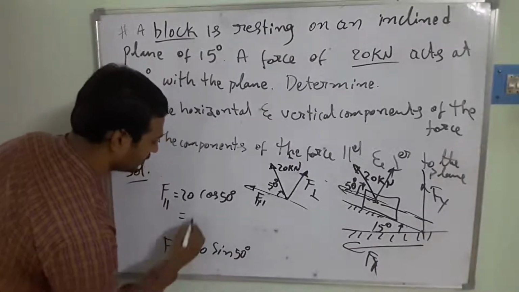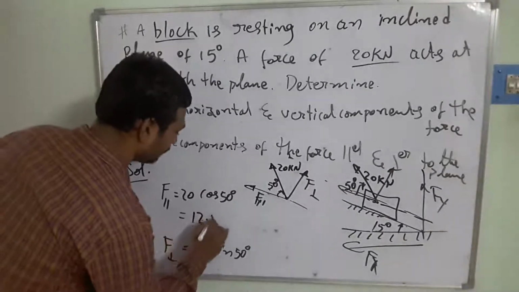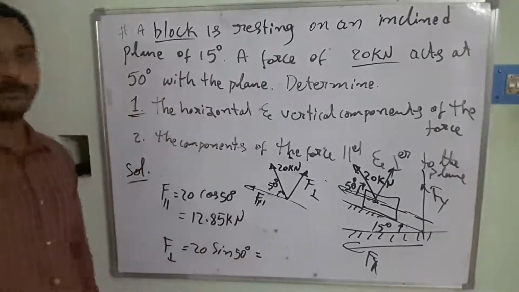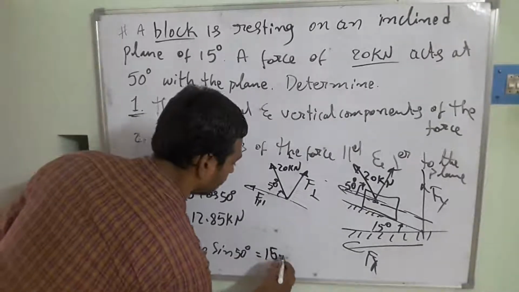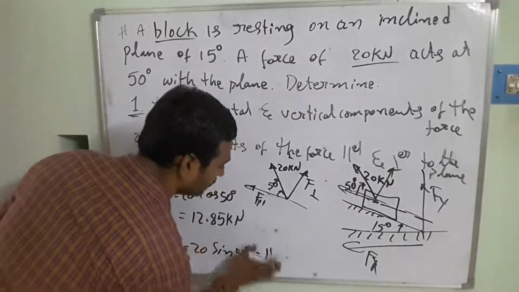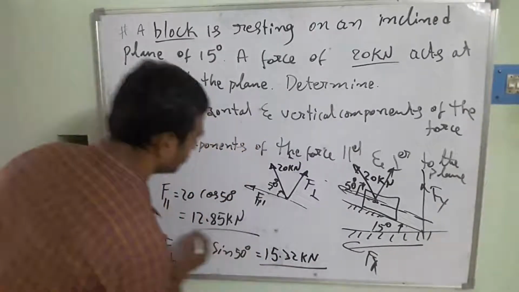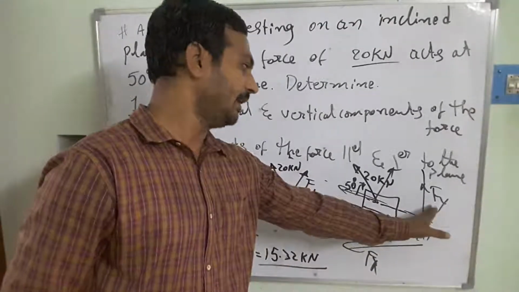So from this one, F parallel is equal to 12.85 kilonewtons we got. And similarly, F perpendicular is equal to 15.32 kilonewtons we got.